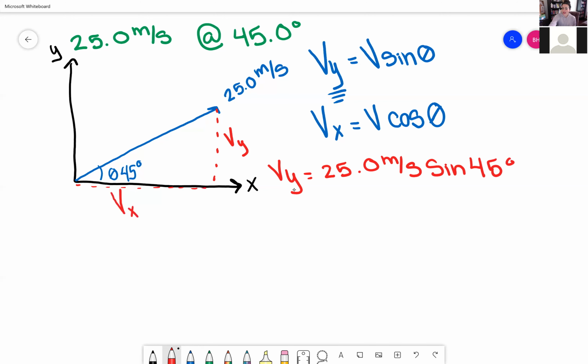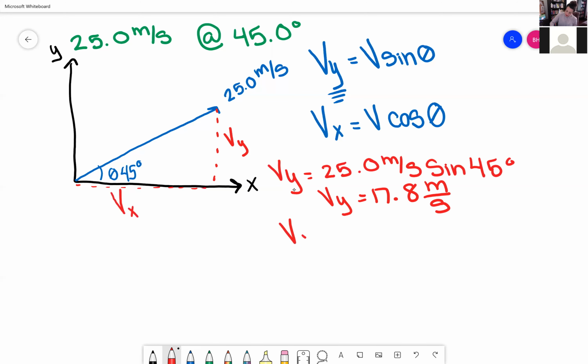Let me grab my calculator really fast. Sine 45 times 25 gives Vy about 17.8 meters per second. So that is the velocity in the Y direction.